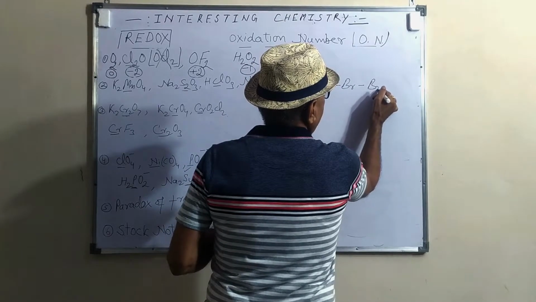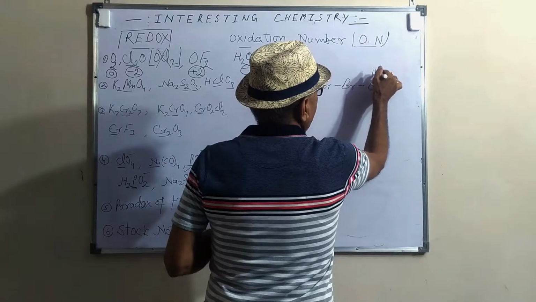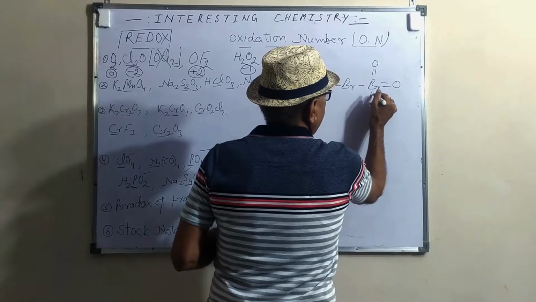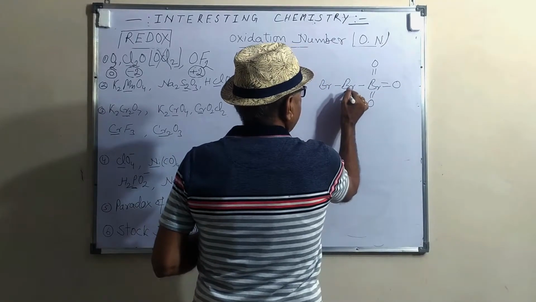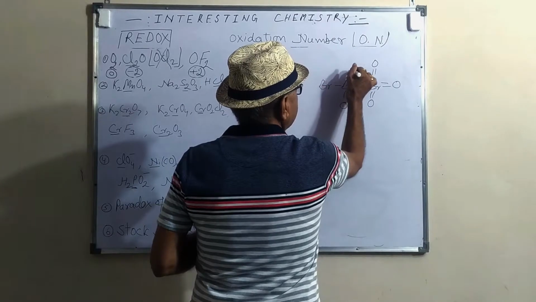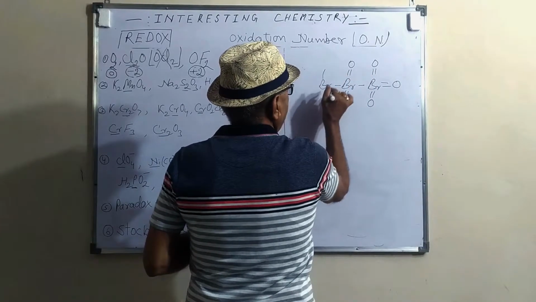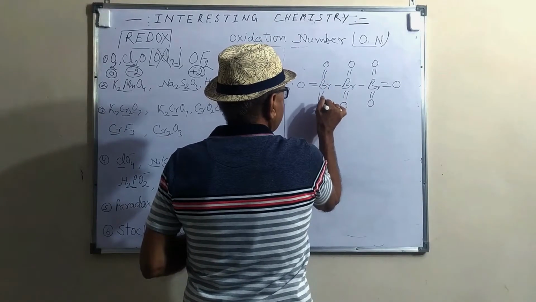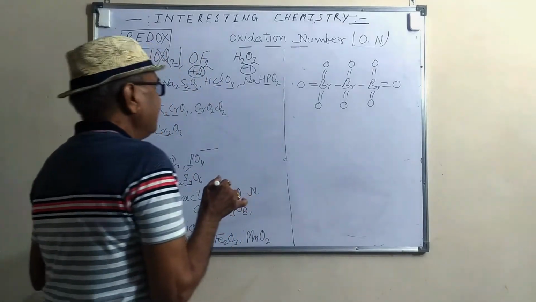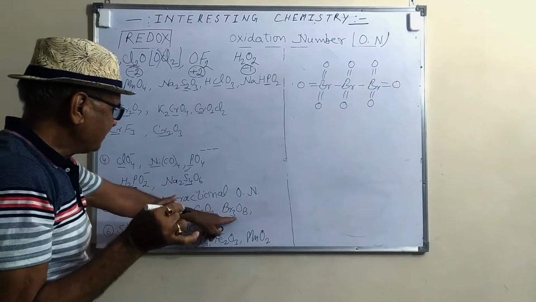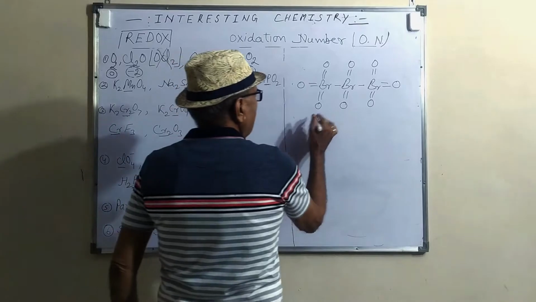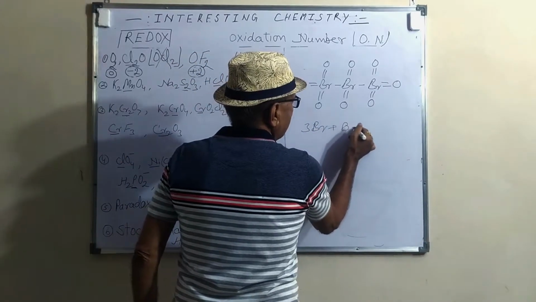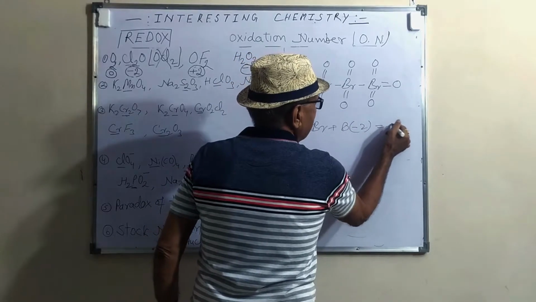These are Br, and this is BrO3, again Br, again O and again O. This is the structure. So here we find Br3O8: 3Br plus 8 into minus 2 is equal to 0.